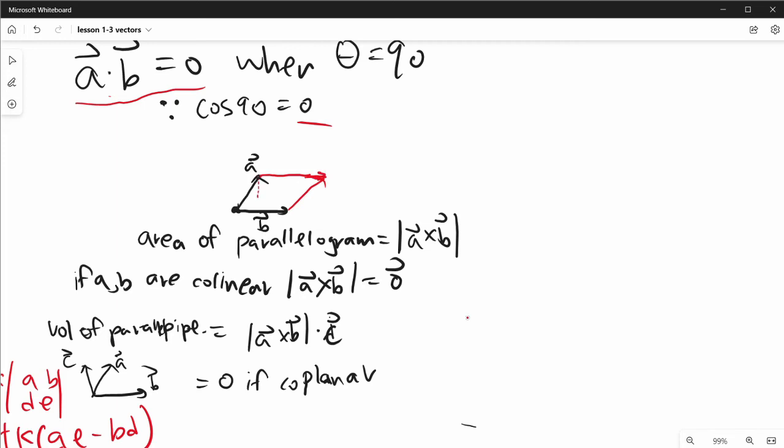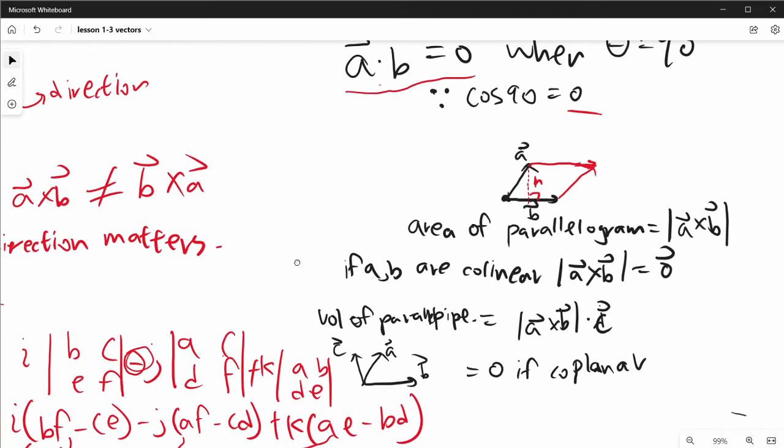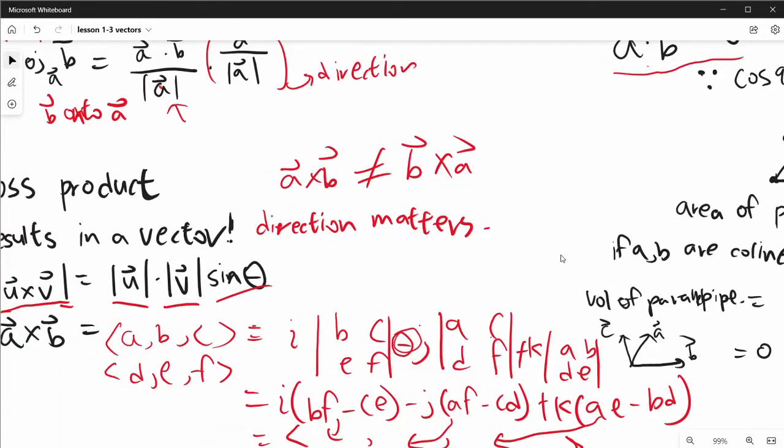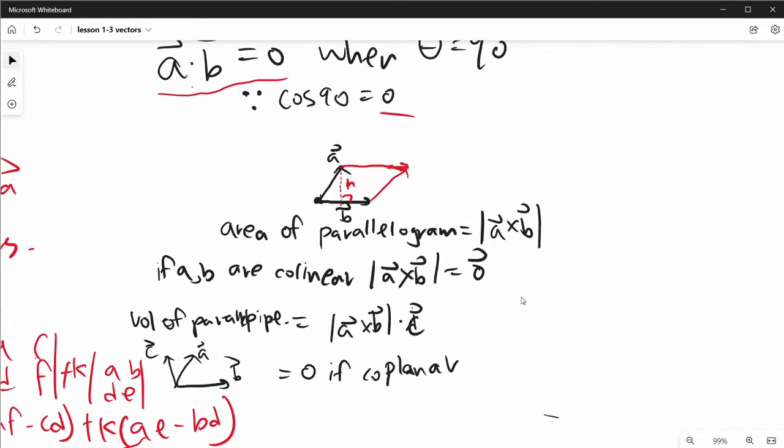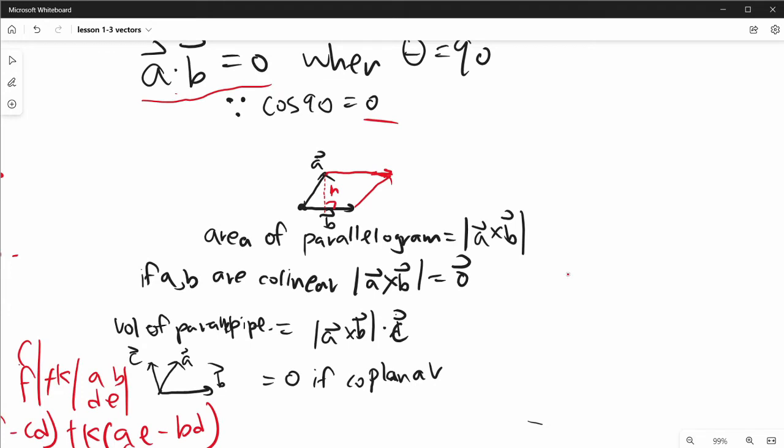I'm going to draw down the height here. Remember that the first definition is the length of each times the sine, so this equals the length of A times the length of B times sine theta, where theta is right here.